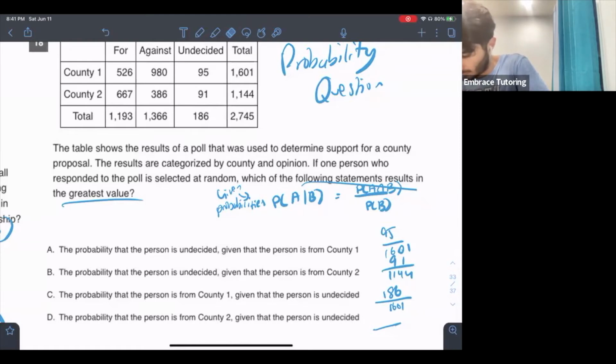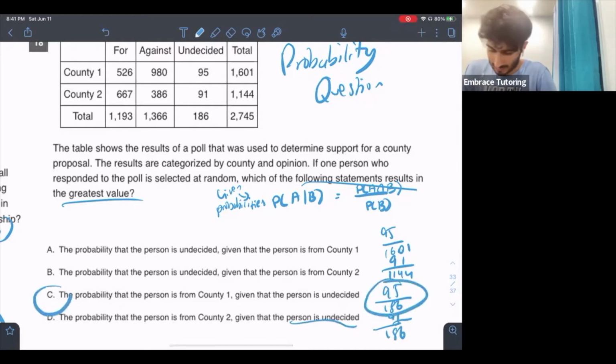Okay, this makes sense. Given that the person was county 2, the person is undecided. Now, given that the person is undecided, meaning it's 186, and given from county 1, 95. Okay, this makes sense. And then 186 as well, because it's given undecided, county 2, 91.